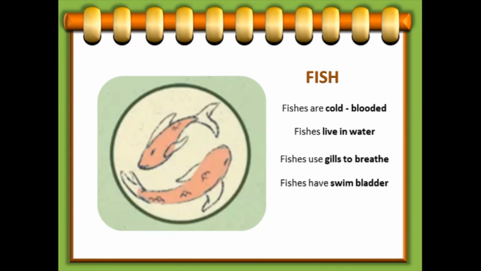Fishes have swim bladder. This allows them to move at the same time. Fishes use fin to move. If humans have legs and feet, fishes have fin to move.